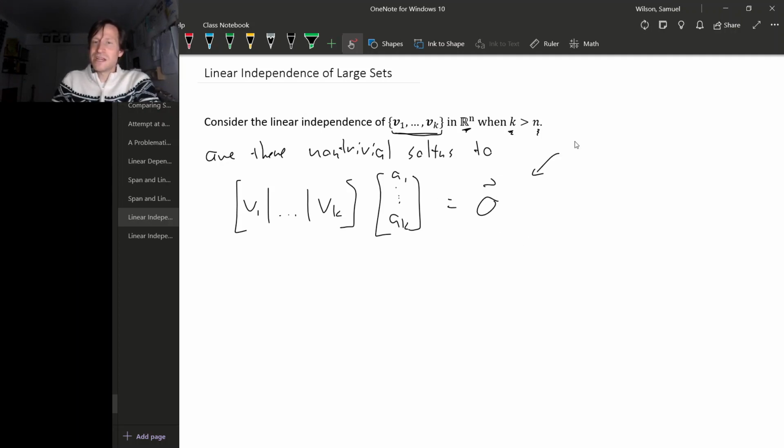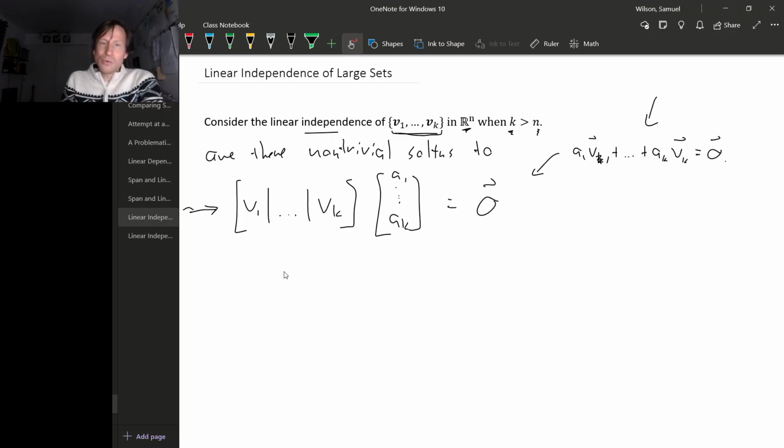This is really the matrix version of a1 v1 plus dot dot dot up through a sub k v sub k equals 0 vector. So this is the matrix version of this vector equation, and this vector equation is exactly what we need to check to know if these vectors can be linearly independent or not.